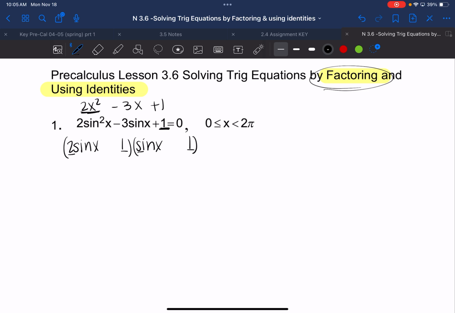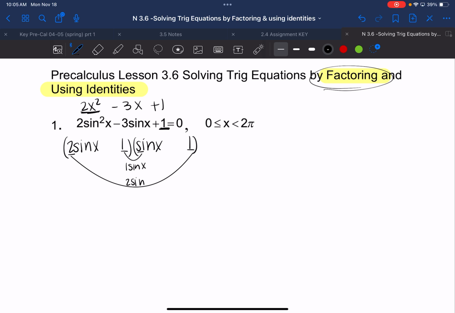Now I have to make sure that I use the right signs. So remember, this is where you check inside and outside. What is 1 times sine of x? Okay, so this would be 1 sine of x. All right, and then I'm going to check the outside. What is 2 sine of x times 1?